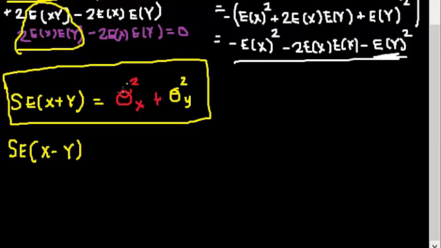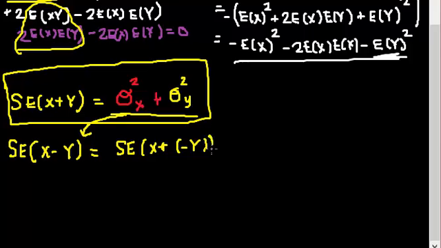But how are we going to use this result to figure out what x minus y is? Here's how to do it. Isn't this the same thing as the standard error of x plus negative y? Right? It's just the same thing mathematically. And if we say it that way, we can see that we can have some interesting results.